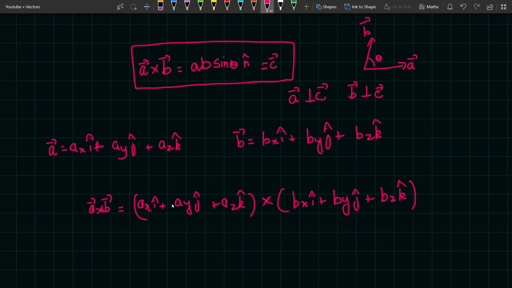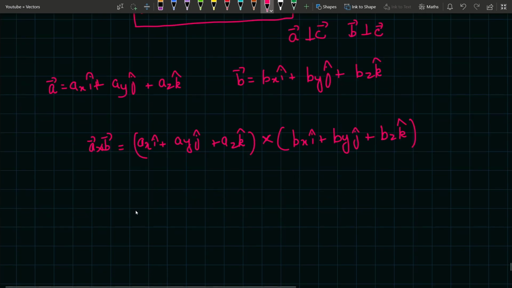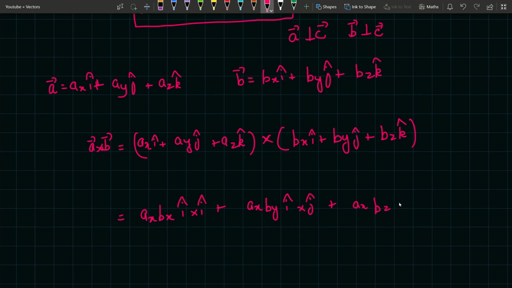Just like the dot product case, we just multiply every vector like that. That will give us Ax into Bx I cap cross I cap plus Ax into By I cap cross J cap plus Ax into Bz I cap cross K cap.